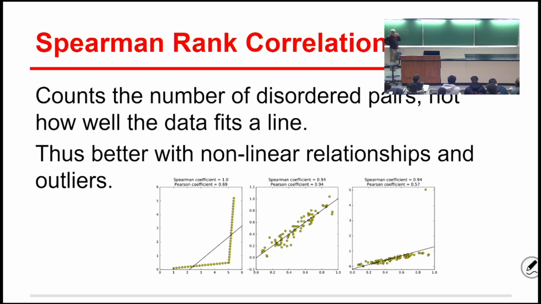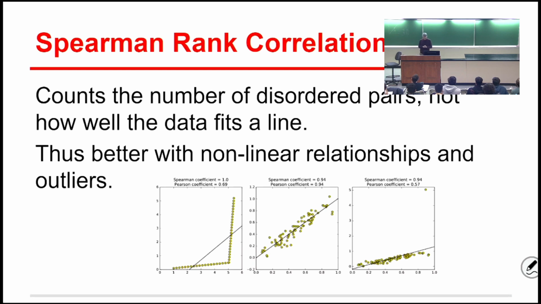If they were perfectly negatively correlated, what should happen? This number should always be smaller than that number, right? So by counting the number of pairs that are not in the right order, we get a measure of the correlation, the agreement between X and Y. Does everybody agree with that?